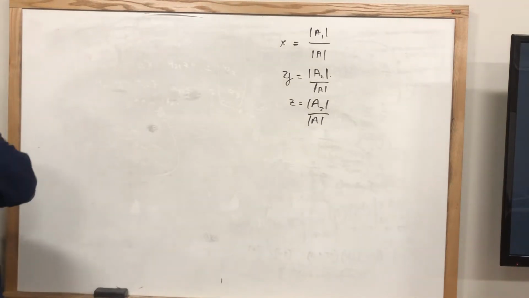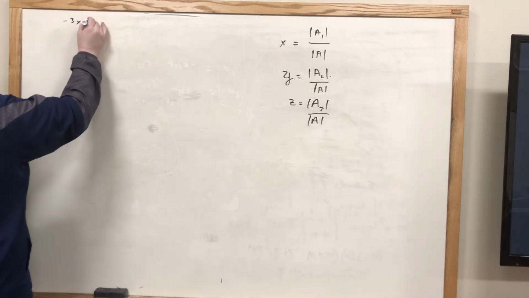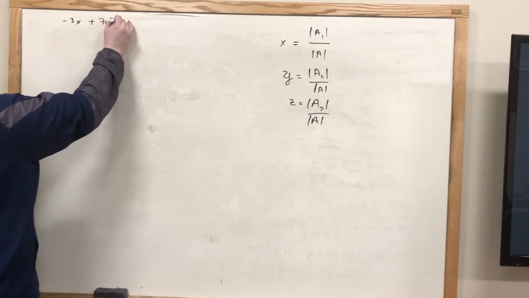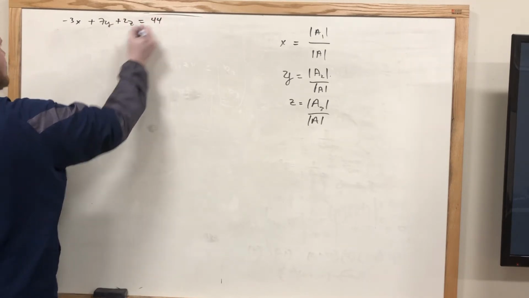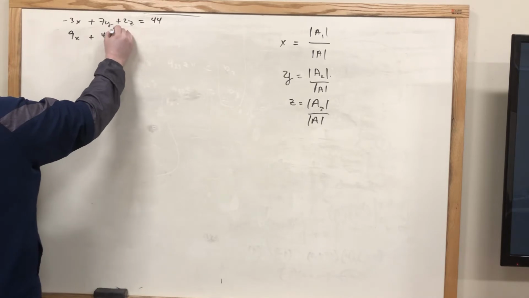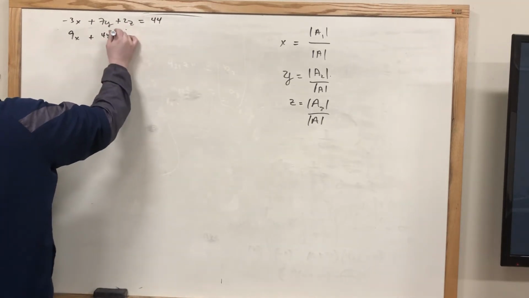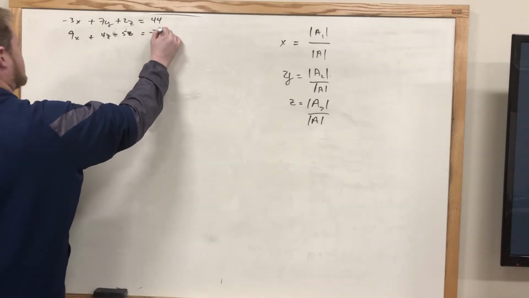We'll start up here at the top. Negative 3x plus 7y plus 2z equals 44. 9x plus 4y minus 5z equals negative 27.